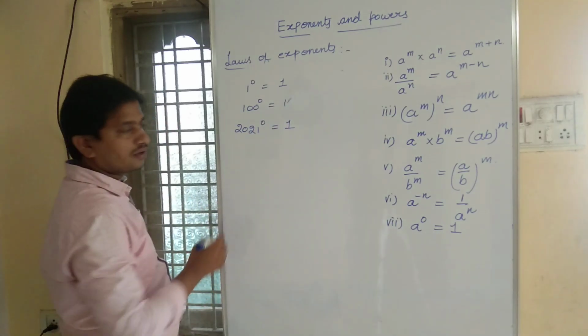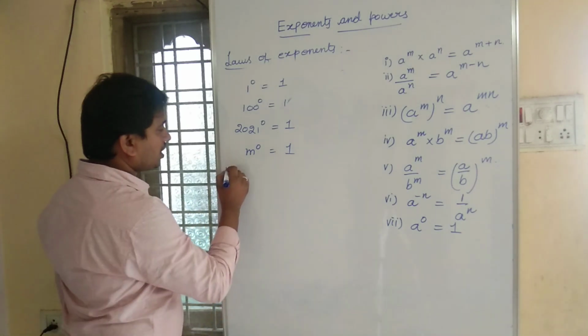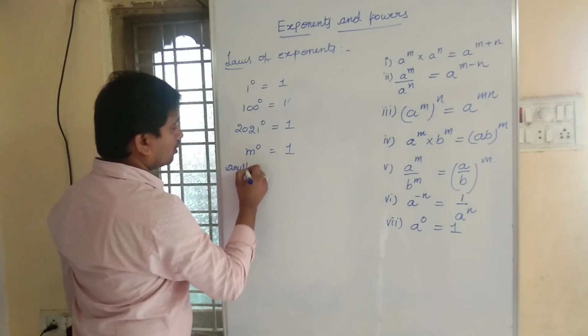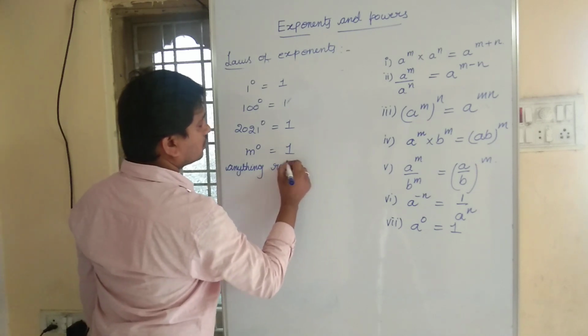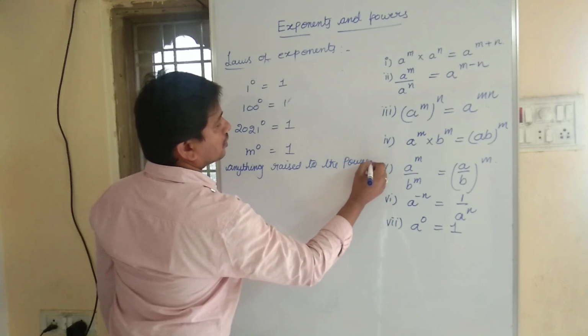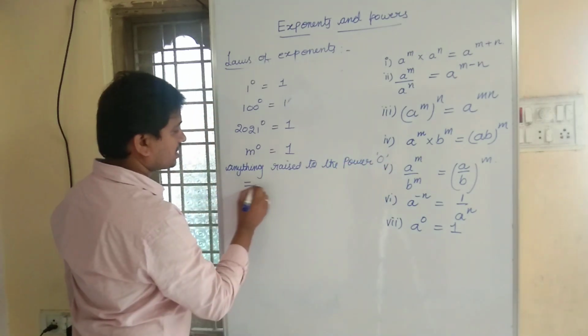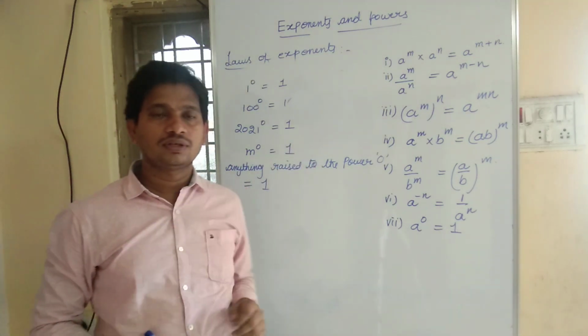For example, m power 0, anything raised to the power 0, that is 1. If the power is 0, the result is 1.